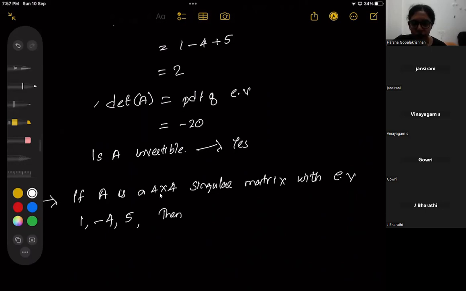Here I am taking a 4 by 4 matrix and it is singular, and 1, -4, 5 are eigenvalues. Again it is 2, because one eigenvalue is 0.